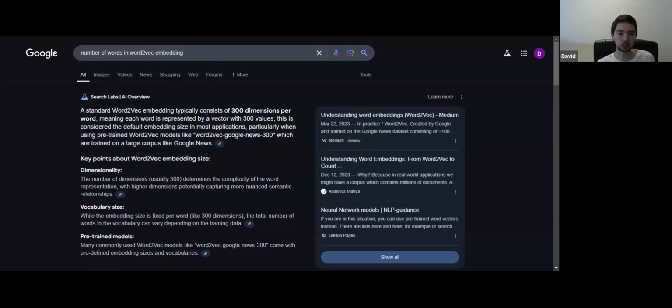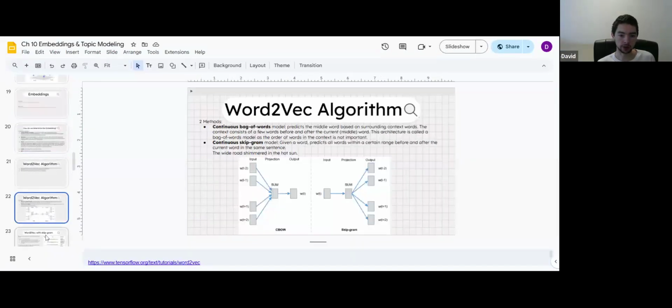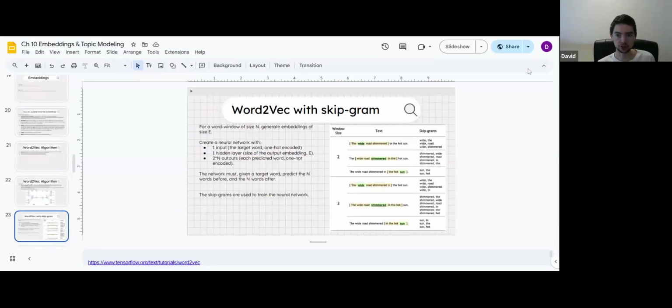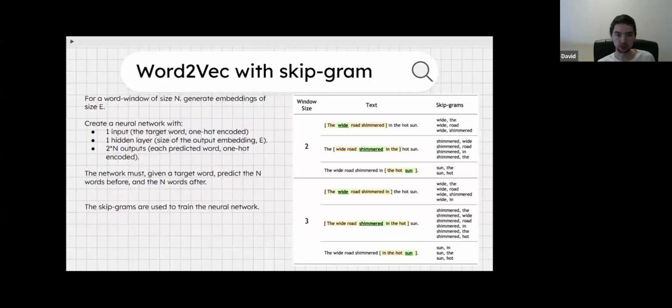I do know that the larger you set the window size, the more training data you'll have, right?